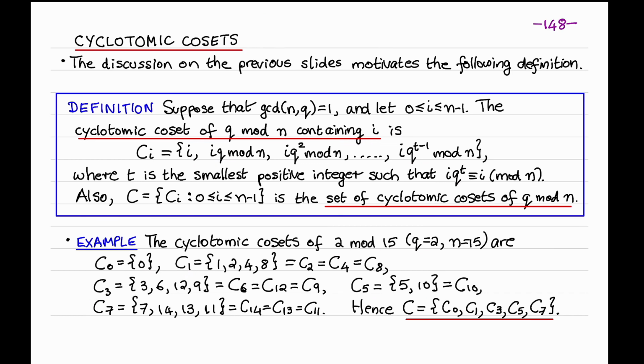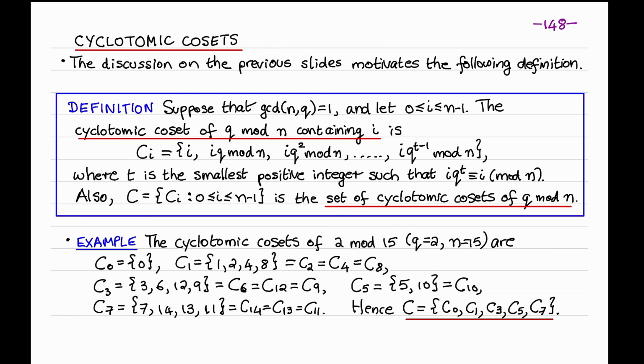This has the number 1 in it, q times 1, which is 2, q times 2, which is 4, q times 4, which is 8, and then q times 8, which is 16, which is the same as 1 modulo 15. So C_1 has size 4. We'll note that C_2 equals C_1, and that's because C_2 is comprised of 2, 4, 8, 16, which is 1, and then 2 again. Similarly, C_4 equals C_1, and C_8 equals C_1.